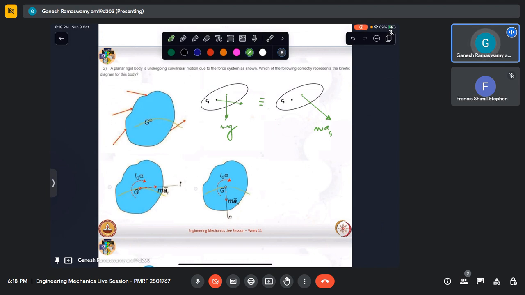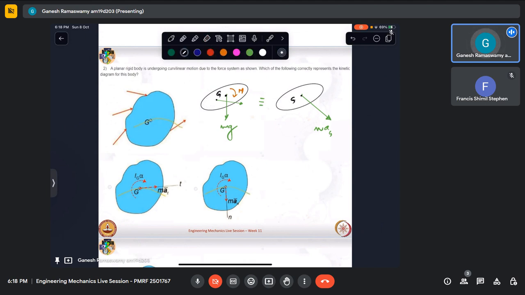We equate these two in order to find our unknowns. Similarly, if this body were also rotating, let us say by some distribution, this will have some moment about this G.